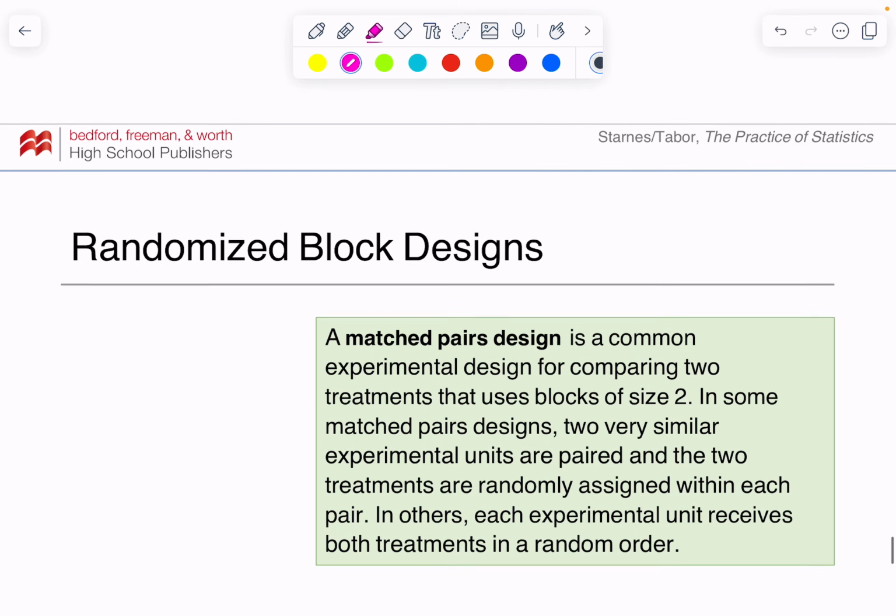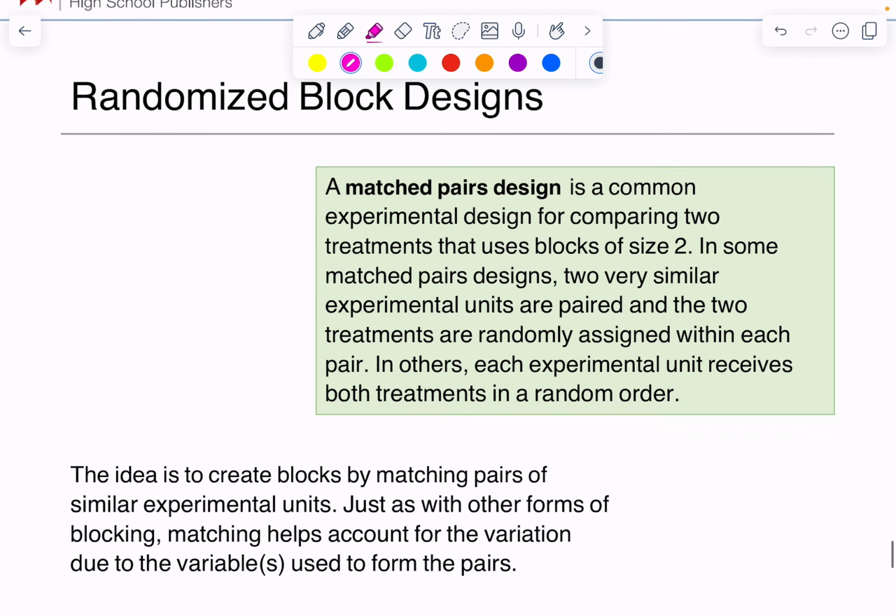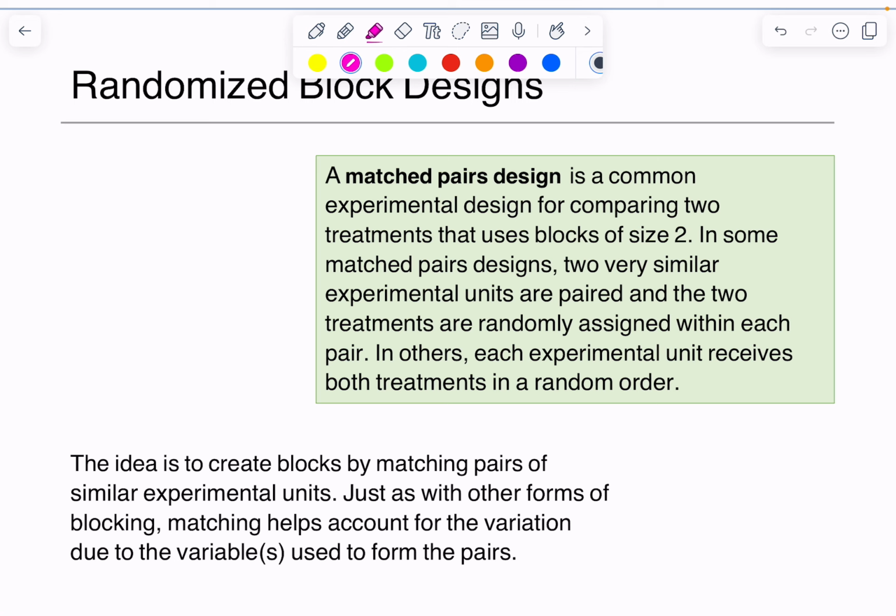Okay, there's this last one called matched pairs. It's kind of like block design, except your blocks are just size 2. Very commonly, matched pairs, you'll see it with identical twins.